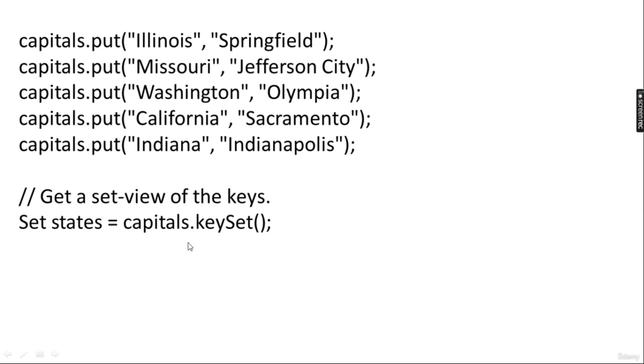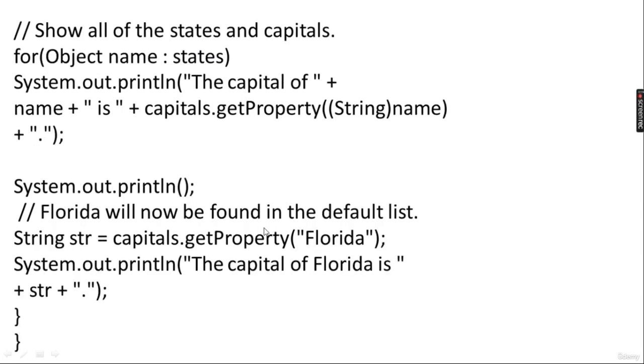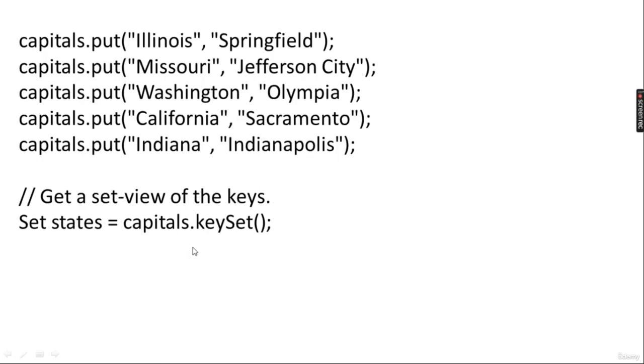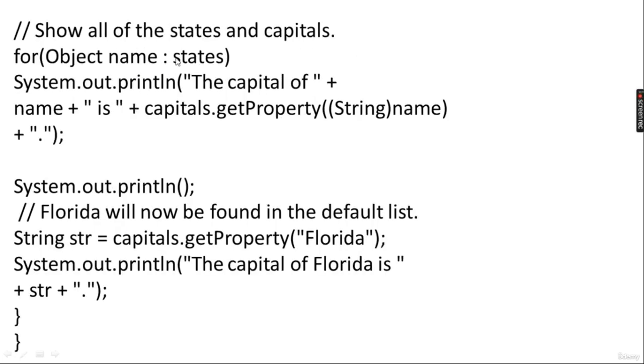And then get a set view of the keys, capitals.keySet(). Then a for loop over the object name in the particular state. State is the property name of the set view. So we are iterating over the set view.